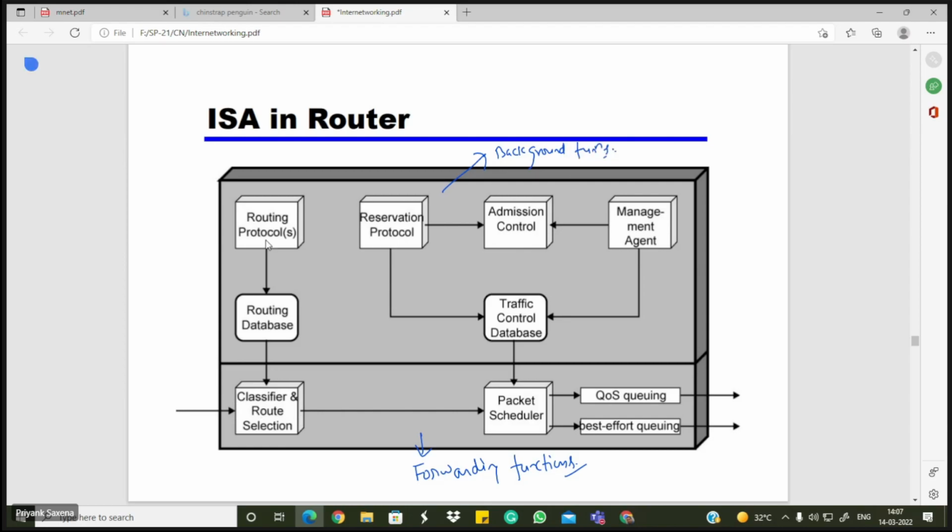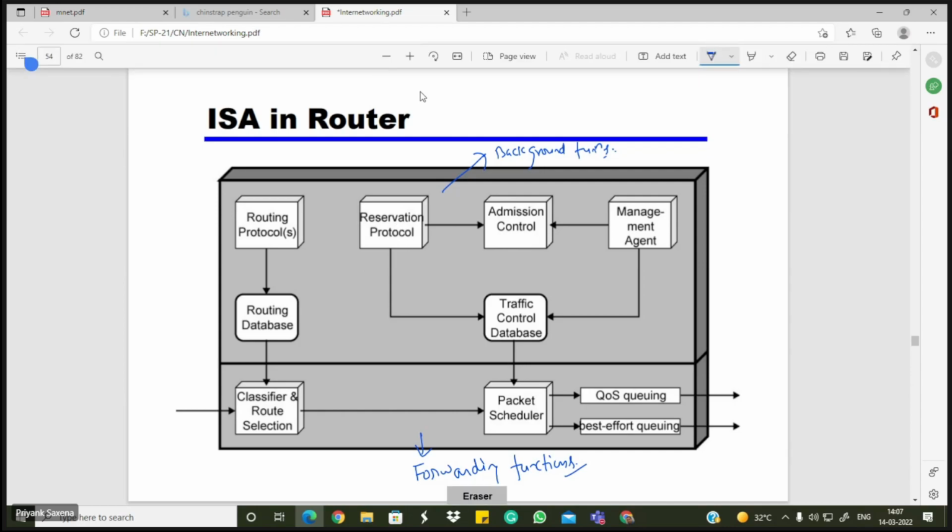You have routing protocols to take routing decisions and find the shortest path, and based on that the routing databases are updated. At the same time, you can see in this diagram there is a reservation protocol. What is the reservation protocol? RSVP.